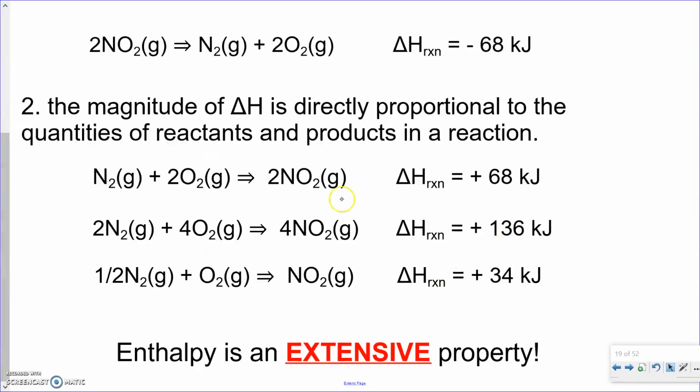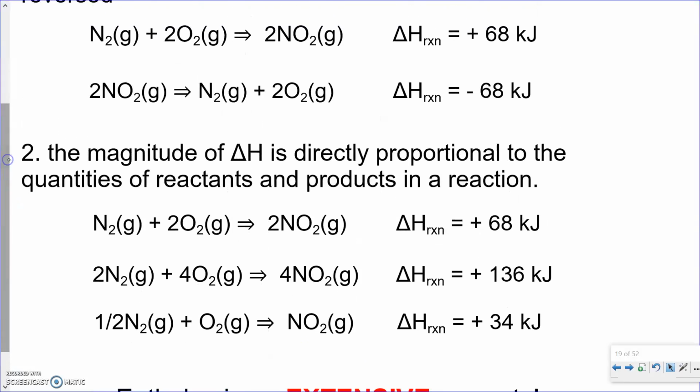It's an extensive property, which means if we look at the first reaction we have up here, which is a positive endothermic 68, we have nitrogen plus 2 oxygens forming 2 nitrogen dioxides. Well, if we double the reaction, 2 nitrogens plus 4 oxygens forming 4 nitrogen dioxides, look what it does to our delta H value. It doubles it. What if we halved it?